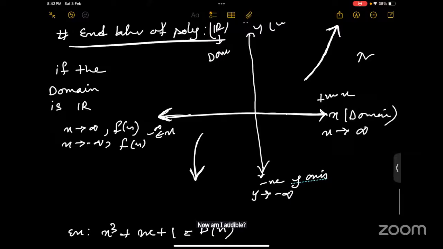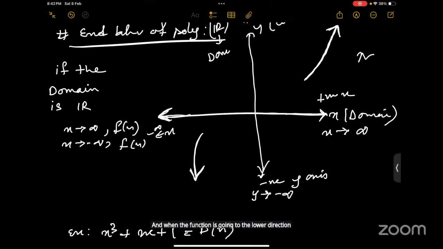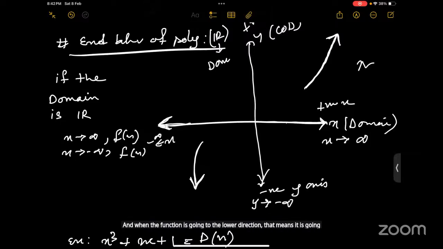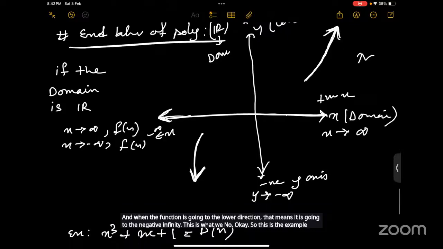Okay. So what I was saying is, when the function graph is going in the upward direction, it is going to infinity, and when the function is going in the downward direction, it is going to negative infinity. This is what we know. So this is the example: x cube plus 2x plus 1. We have to check the end behavior of the function.